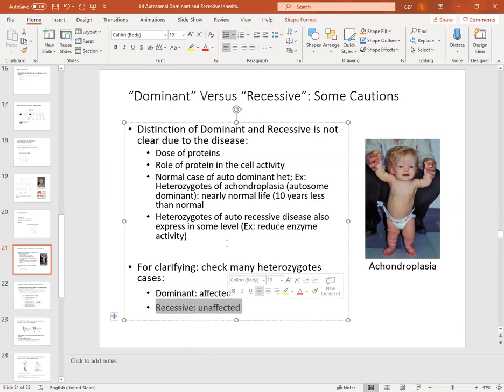But the side effect varies in relation to recessive. So any question about this term? No question? Okay.